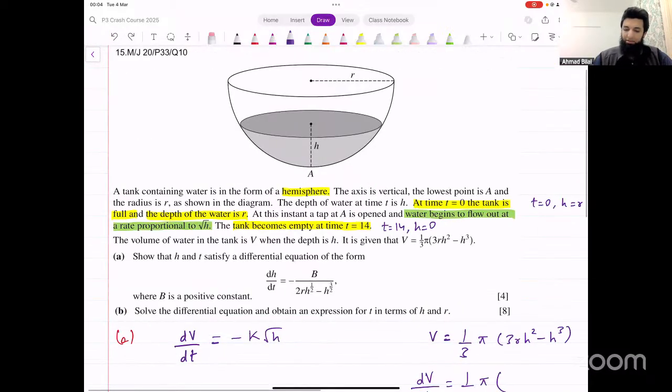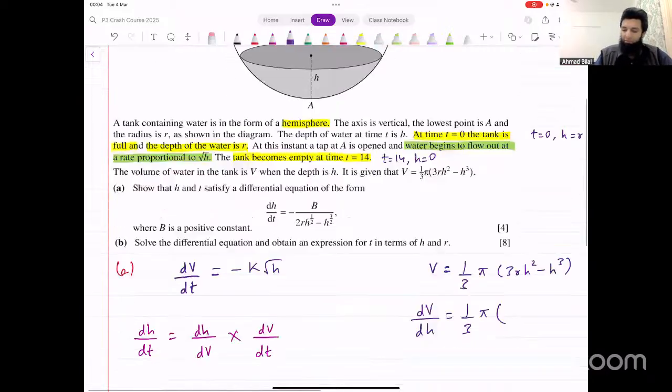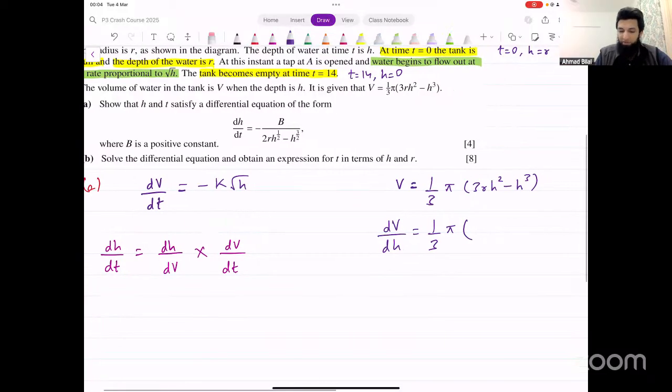R is the radius of the hemisphere. That's also not a variable, that's a constant, right? R is the radius, that's a constant in this case. So we treat R as a constant as well. So 3R remains as it is. H squared, what's the derivative of h squared with respect to h? It would be 2 times h. We multiply by the power, subtract 1 from the power.